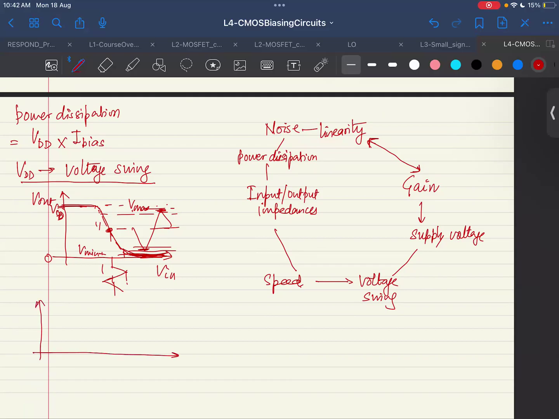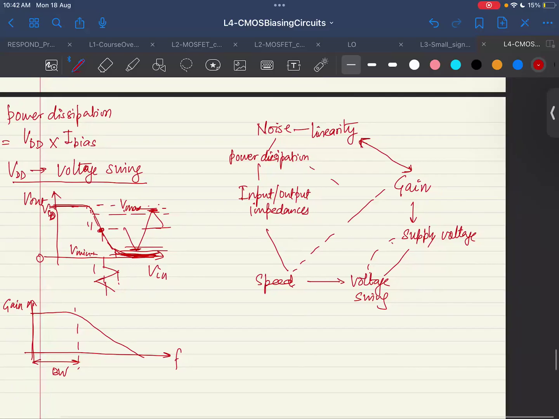The higher the frequency we are working at, the higher the speed of your amplifier, and because it's directly related with the gain, and we have seen the frequency which defines the bandwidth, and typically if the response is like this, this is what we mean by the bandwidth, right? So the gain and speed or the bandwidth, they are very much related. The voltage swing we have seen, this is related. Voltage swing, supply voltage also affects power supply.